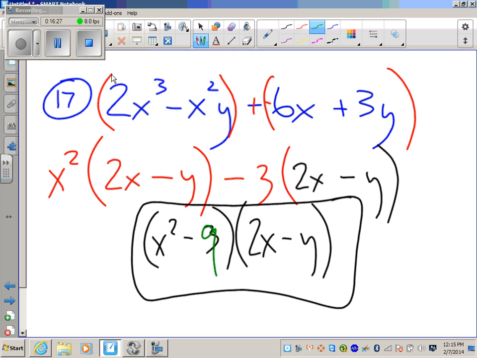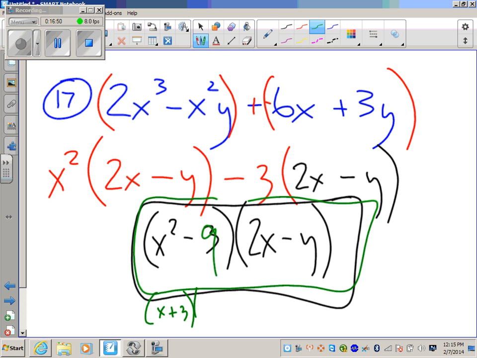That's not what it was, but in the case where I get all done and I get an x squared minus 9 and 2x minus y, that x squared minus 9 is disguised as what? Difference of squares. So then you would have to say x plus 3, x minus 3, then 2x minus 1. Sometimes that happens.